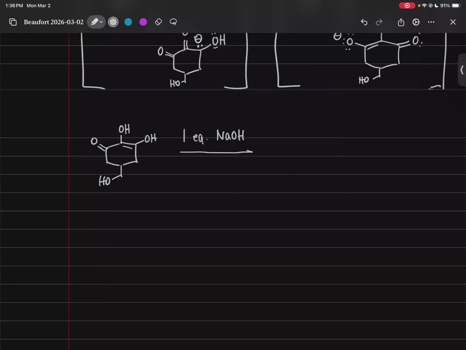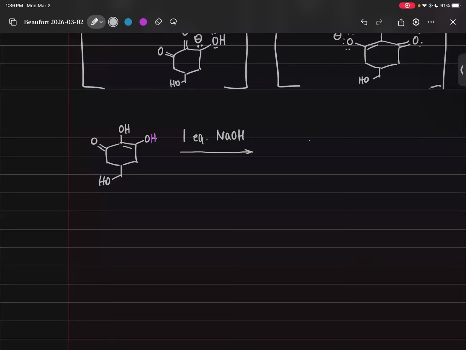If we took this molecule and added just one equivalent of sodium hydroxide, so 1 mole of the starting material and 1 mole of sodium hydroxide, which position will be deprotonated? Well, it's going to be the most acidic proton.